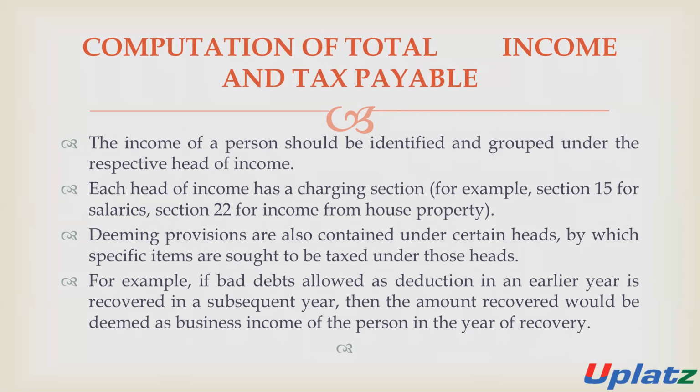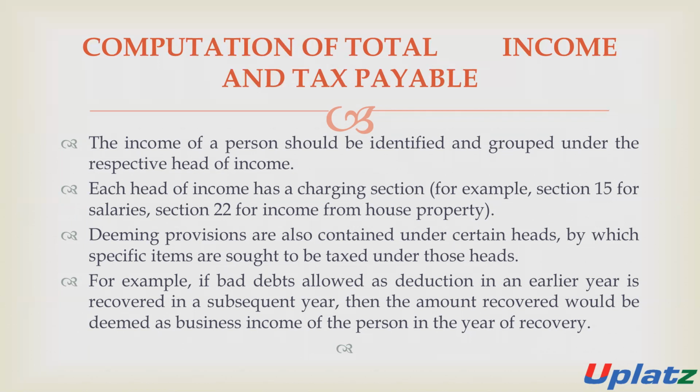On the basis of deeming provisions, some specific items are required to be taxed under these heads. For example, if there is any amount of bad debt which was allowed as a deduction in an earlier year, but the amount is recovered in a subsequent year, then in the subsequent year it will be considered as business income of the assessee.